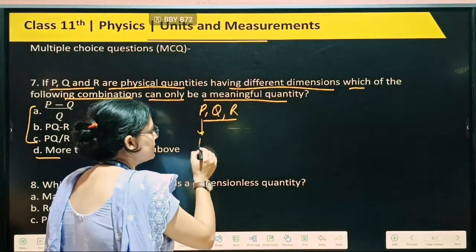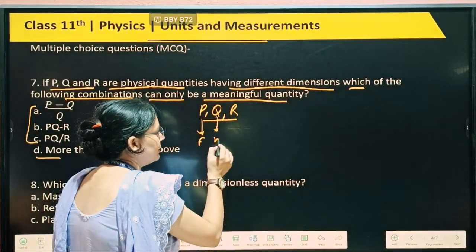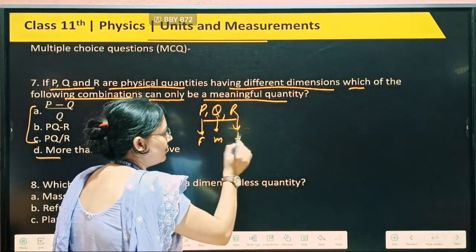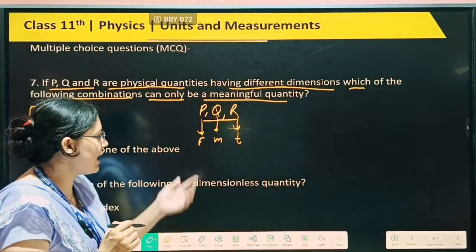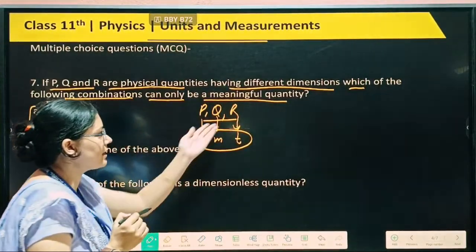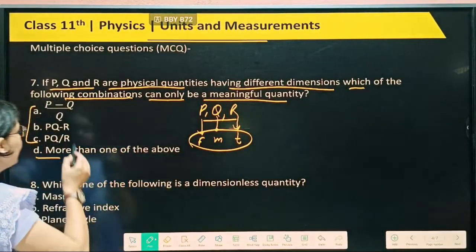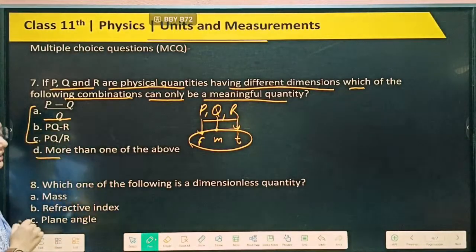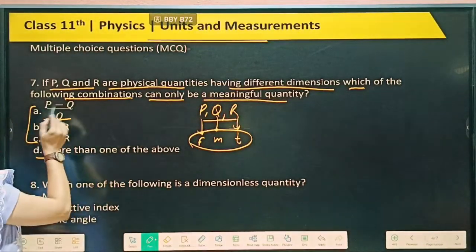For example, one unit is force, another is meter, another is time. Taking these different units and dimensions for P, Q, R, can you write P minus Q?